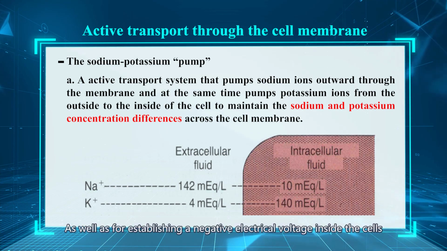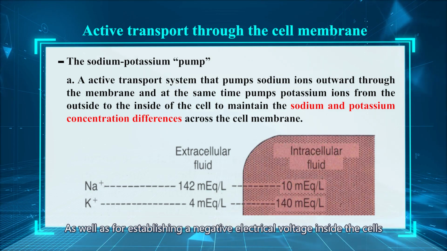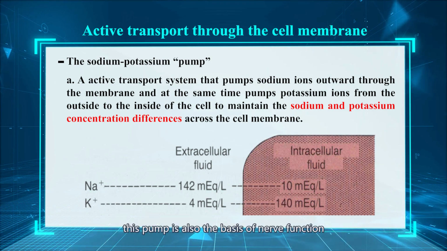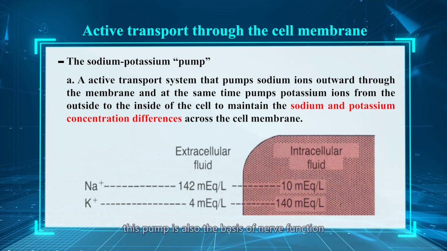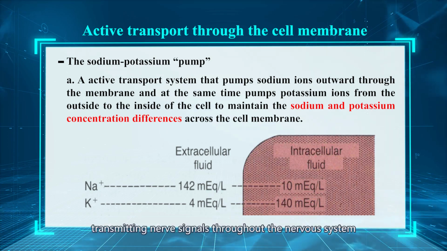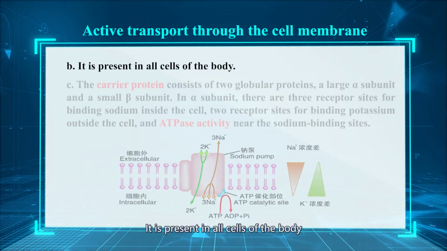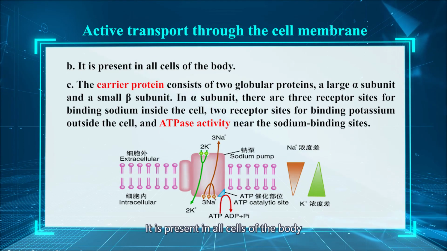It also establishes a negative electrical voltage inside the cell. Indeed, this pump is the basis of nerve function, transmitting nerve signals throughout the nervous system. It is present in all cells of the body.